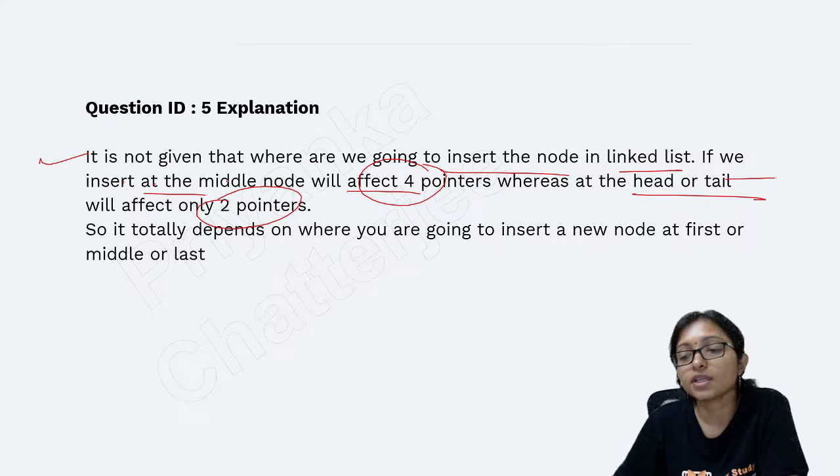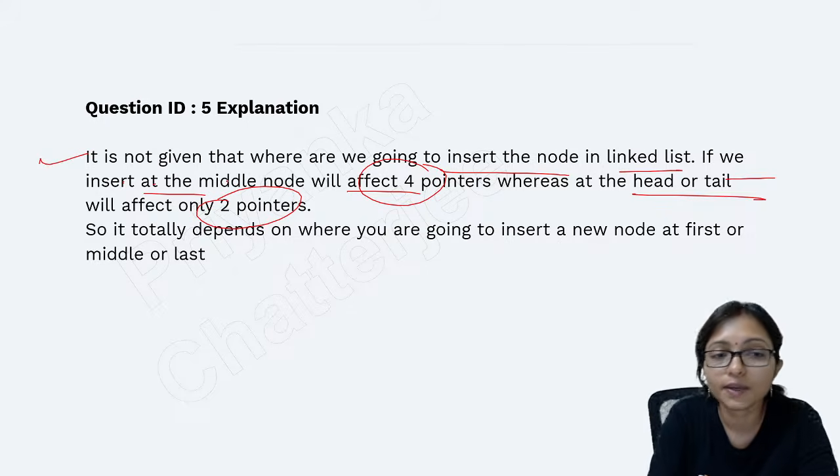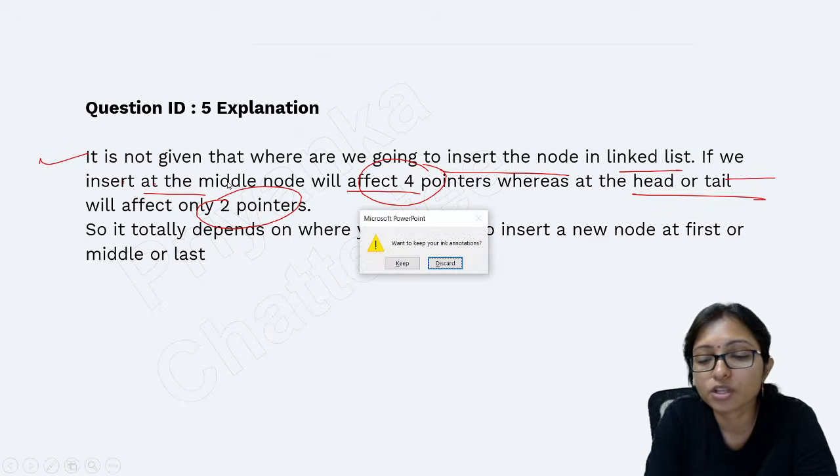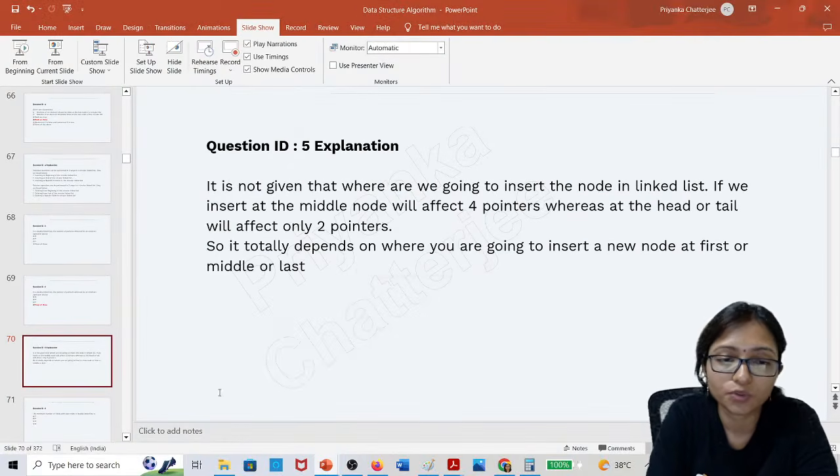But it is not given specifically. That's why the answer is none of these, because the question is not clear to you.